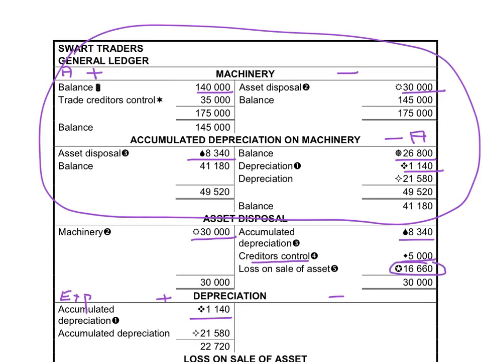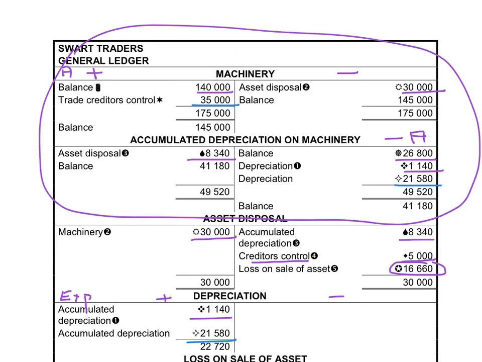At the end of the year, we have to calculate depreciation on the assets that we still have in our possession at the end of the year. So that's the assets that we purchased in previous years, plus the new asset that we bought in the current year, and the total depreciation at the end of the year will then be 21,580.